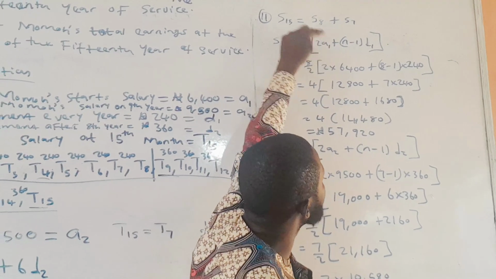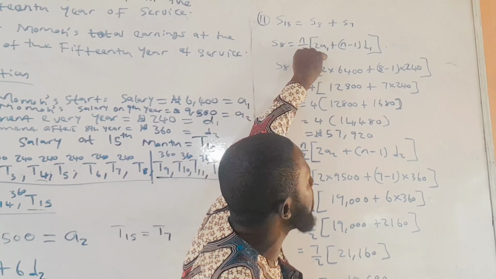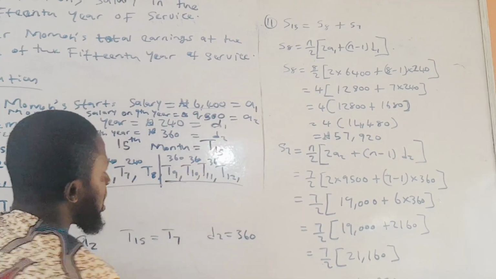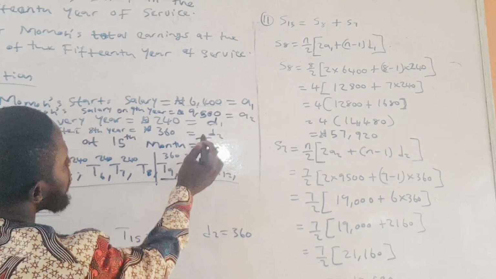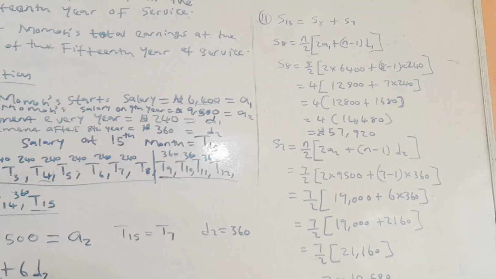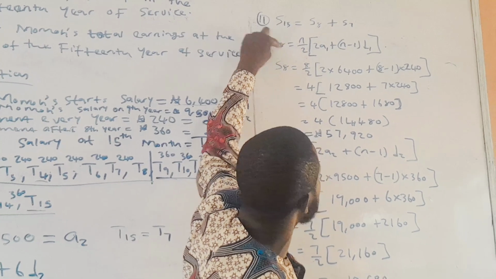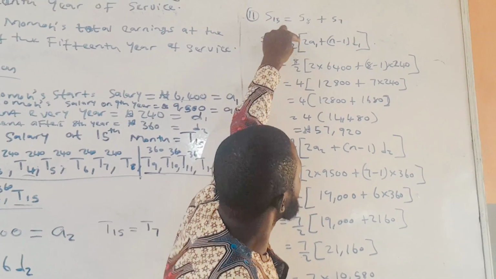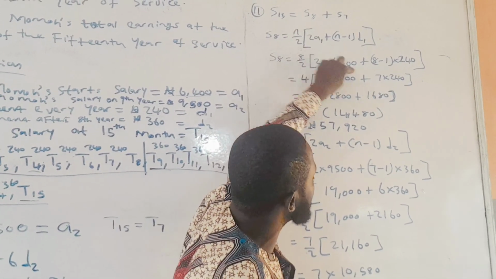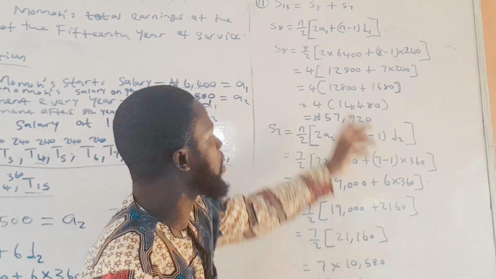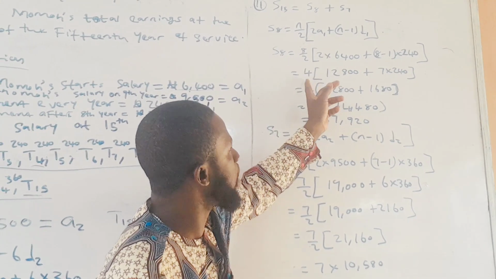But don't forget, in the first 8 years, we are having a1 and d1. That is, you are going to make use of 6,400 and your d1, that's 240. So I'm having n is 8 over 2, times 2 times 6,400 plus 8 minus 1 times 240. 8 divided by 2 is 4.